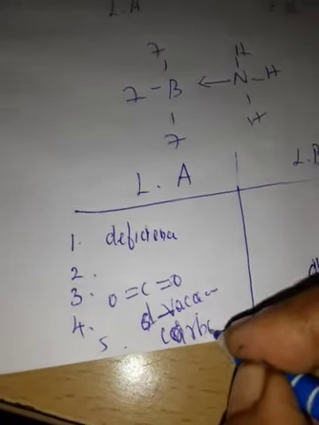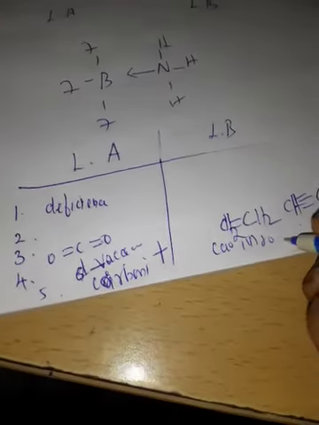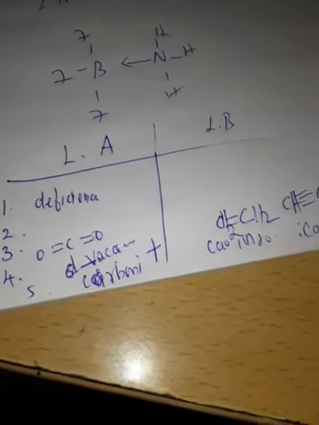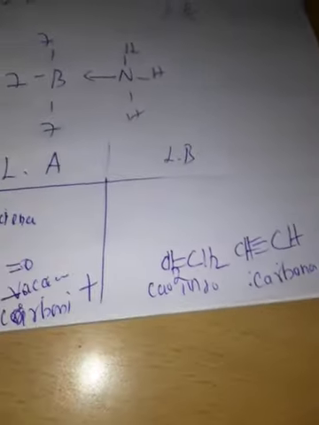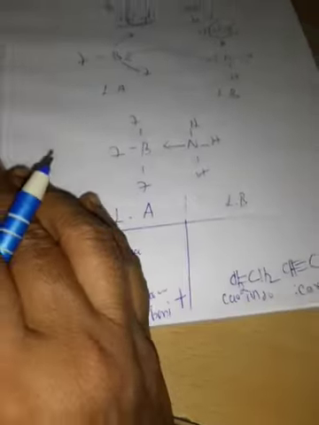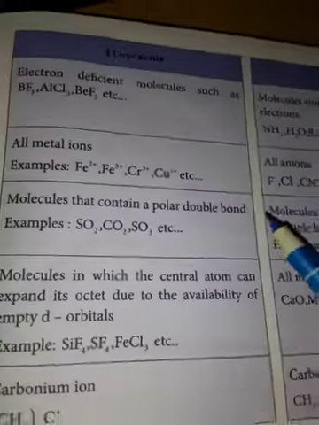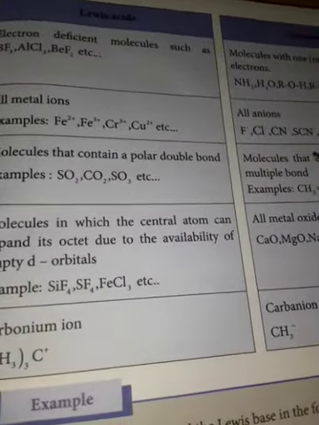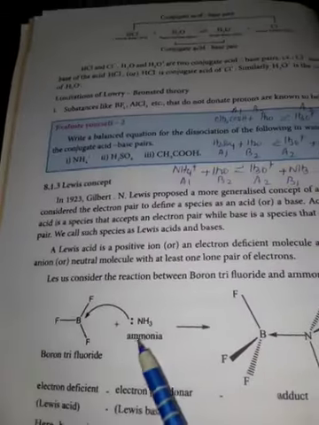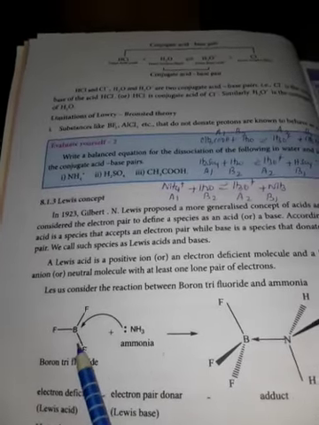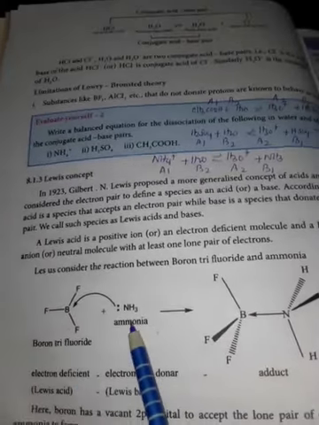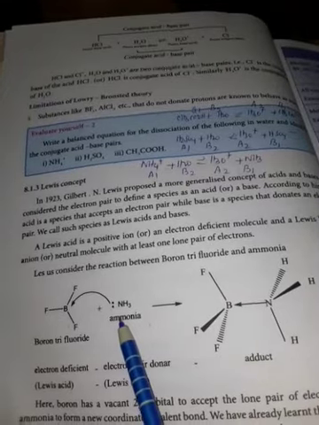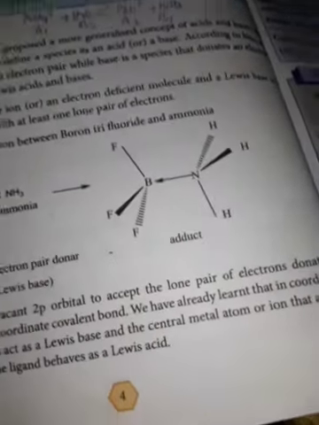Carbonium means a positive species, while carbanion means a negative species. So these are the differences between Lewis acids and bases, clearly given on page number 5. At least learn 3 differences between Lewis acids and Lewis bases. The Lewis concept is given on page number 4: a Lewis acid is a positive ion that accepts an electron pair, and a Lewis base is a species that donates an electron pair. It is clearly given in the book. You can go through it and mark it in the book.